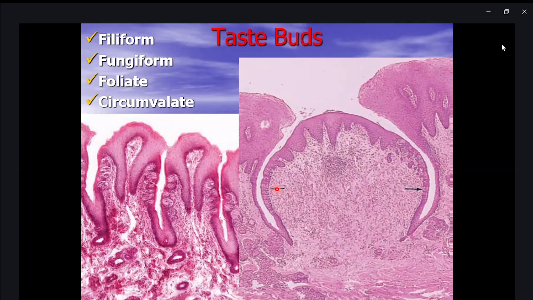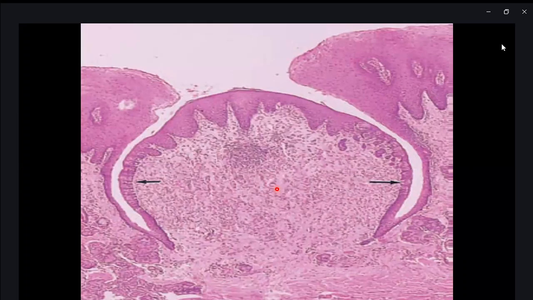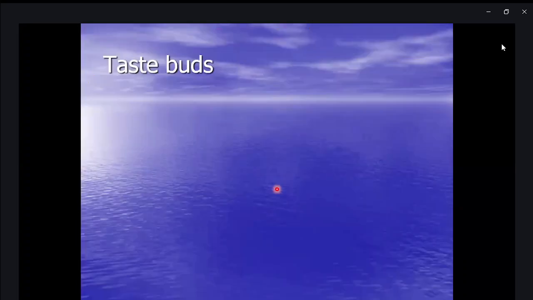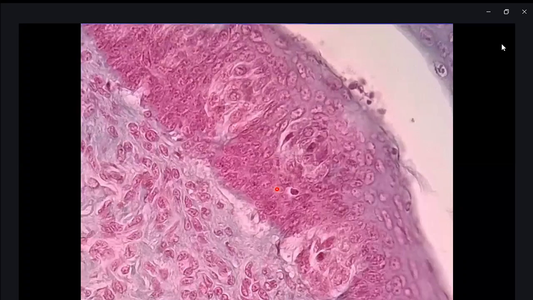This we have discussed when we were talking about the cranial nerves, the nucleus tractus solitarius, you remember? So this is a taste bud embedded among stratified squamous epithelial cells of the tongue.